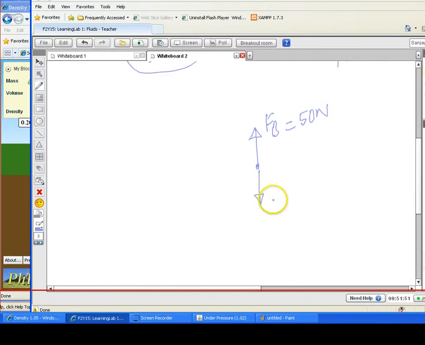The weight is only 1 kilogram times 10 meters per second squared. That's only 10 newtons. What should happen to the block? If I hold it underwater and these are the forces acting on it, what should happen to the block?